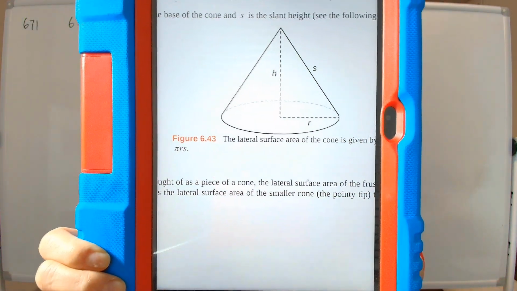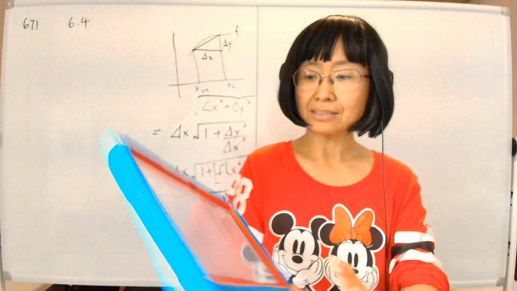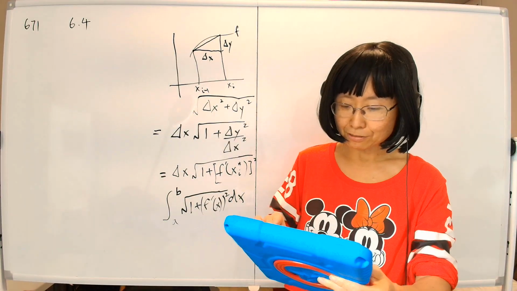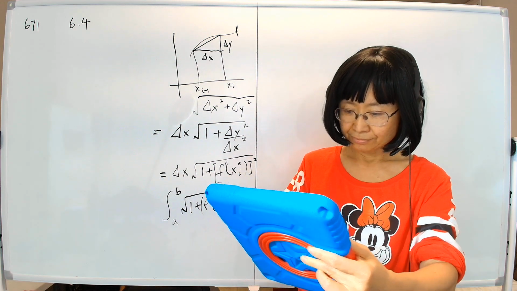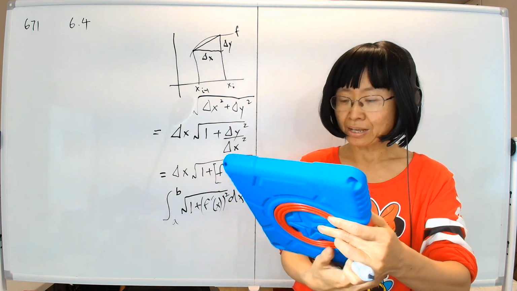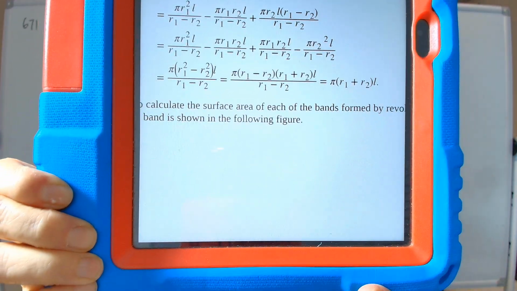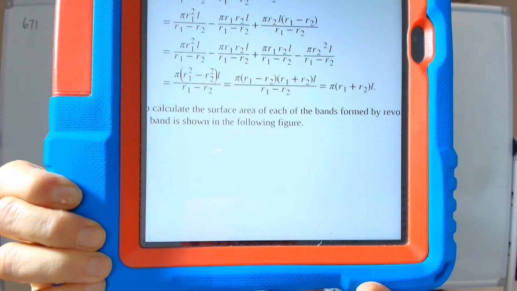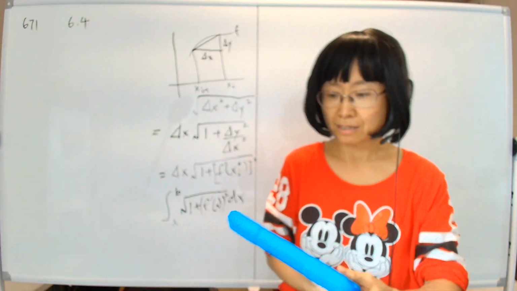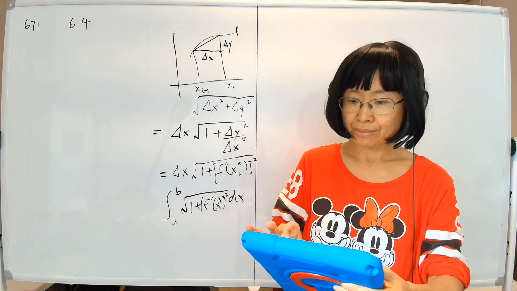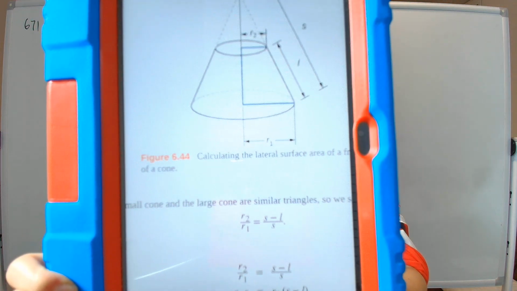Okay, so we'll just accept that the area of the slanted surface is pi r s, and similarly, when you subtract the top of the cone to get the frustum, the area is, look at the bottom, pi times (r1 plus r2) times L, where r1 and r2 are the two radii, the top one and the bottom one, and L is the slanted distance of your frustum, how long it is on the side.